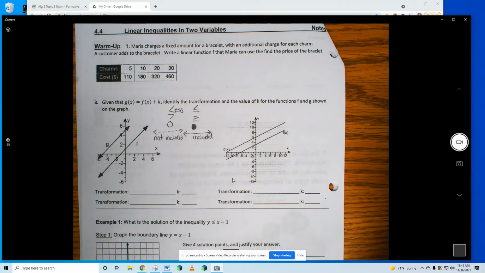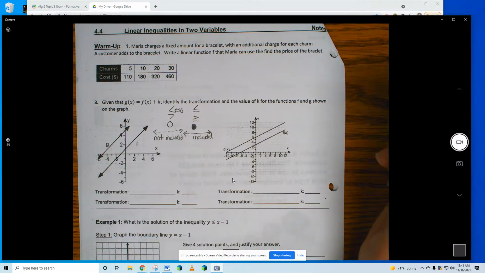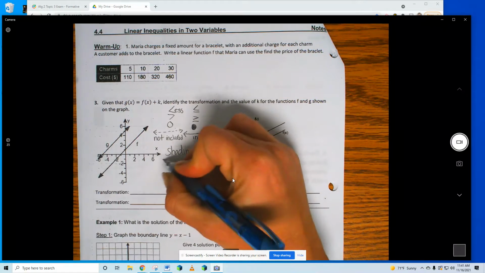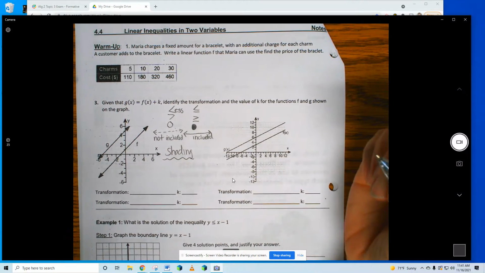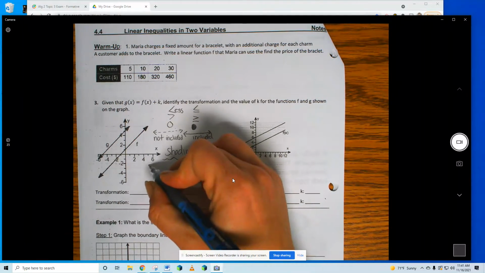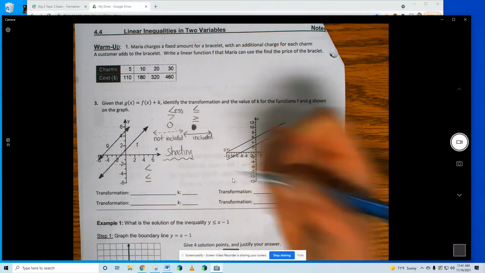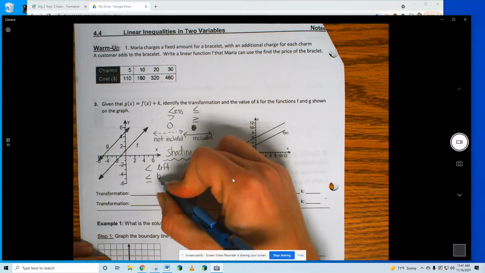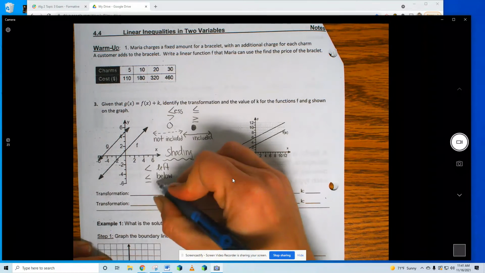When I have, let's see, the shading, let's talk about the shading now. Less than or equal to, my shading is going to be to the left or below because it's less than or under.